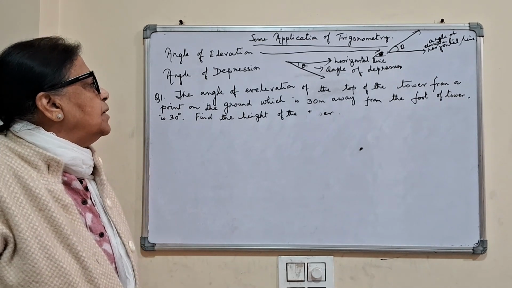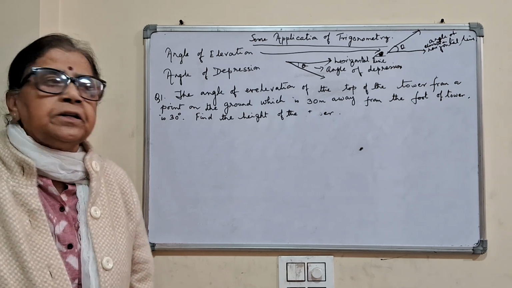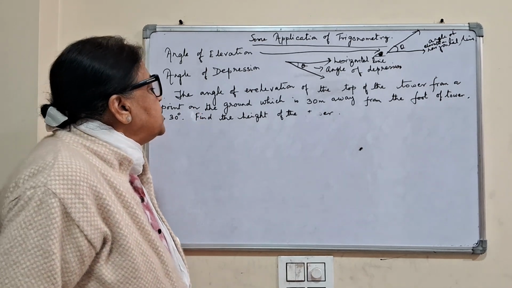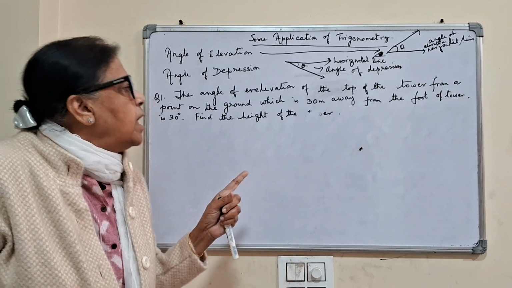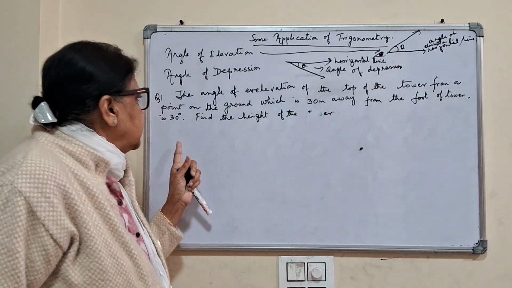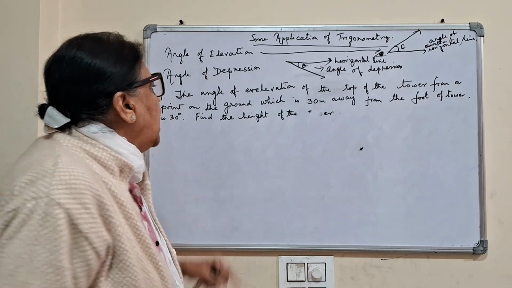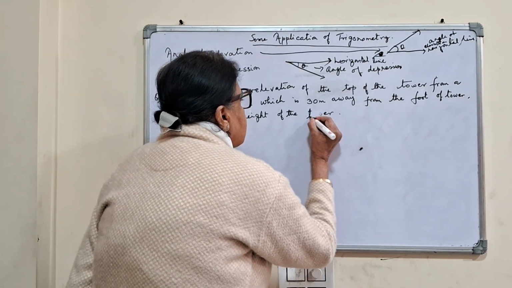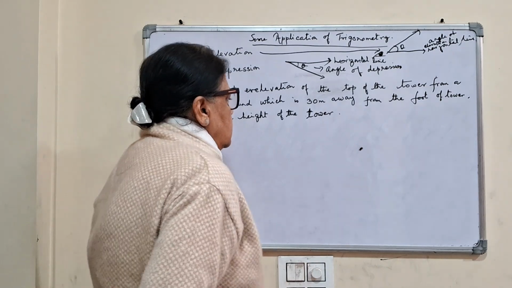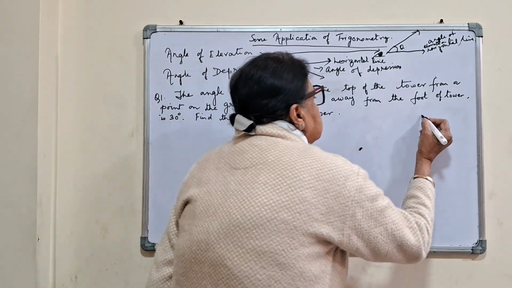The angle of elevation of the top of the tower from a point on the ground which is 30 meters away from the foot of the tower is 30 degrees. Find the height of the tower. Now, this is the tower.